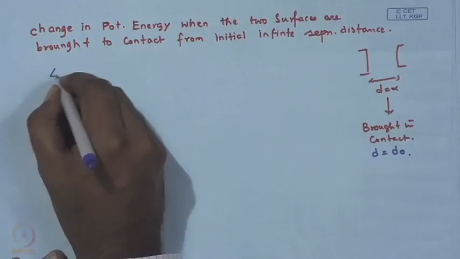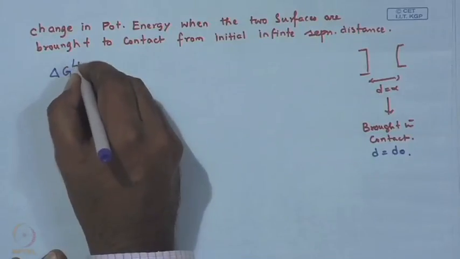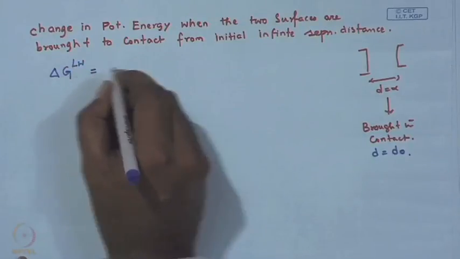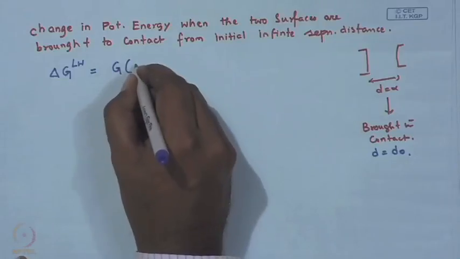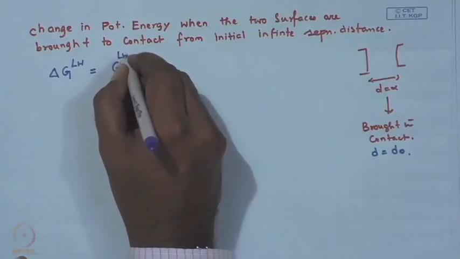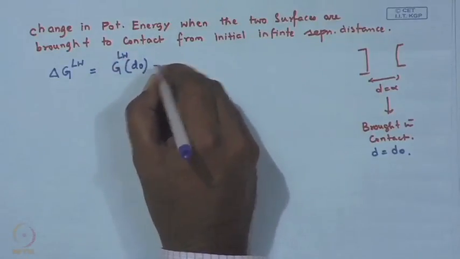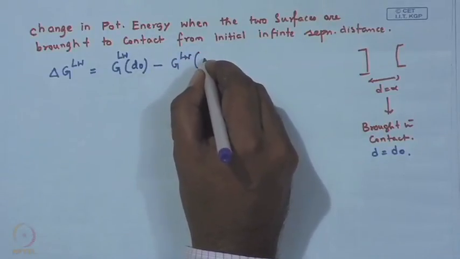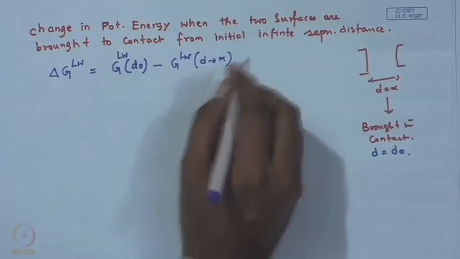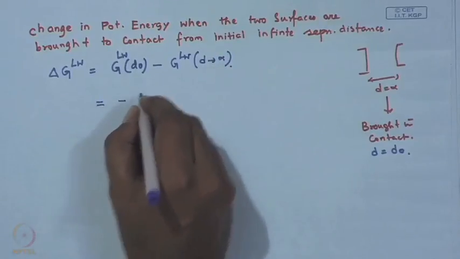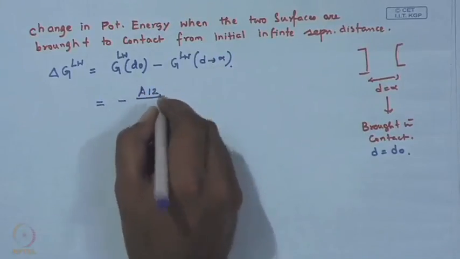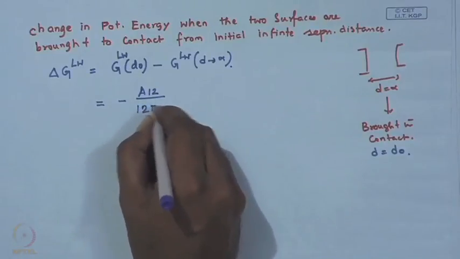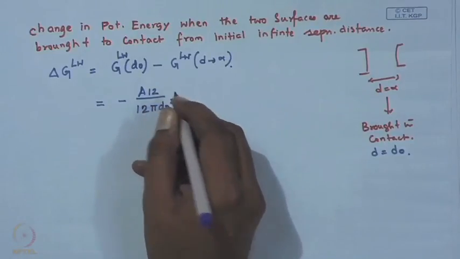Therefore, we are talking about the change in the potential energy, the delta GLW, which corresponds to the final GLW at contact, and the initial one was d tending to infinity. This gives you delta GLW is minus A12 divided by 12 pi d0 square.